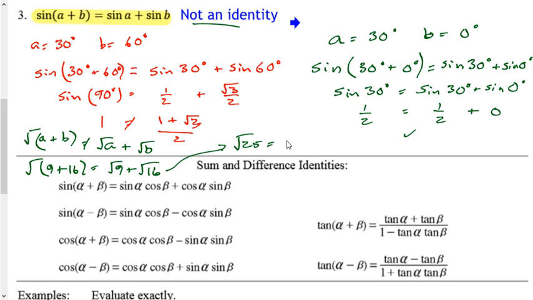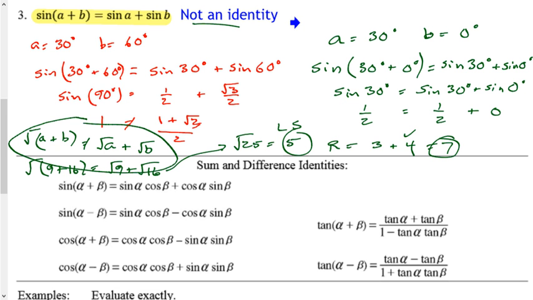So on the left side, I'm getting a 5. On the right side, I have the square root of 9, which is 3, and the square root of 16, which is 4, which adds up to 7. My right side and my left side are not equal. So I can't just distribute that square root sign in because it's not being multiplied. And similarly here, this sine is not being multiplied to the A and the B. It's an operation on the A and the B.